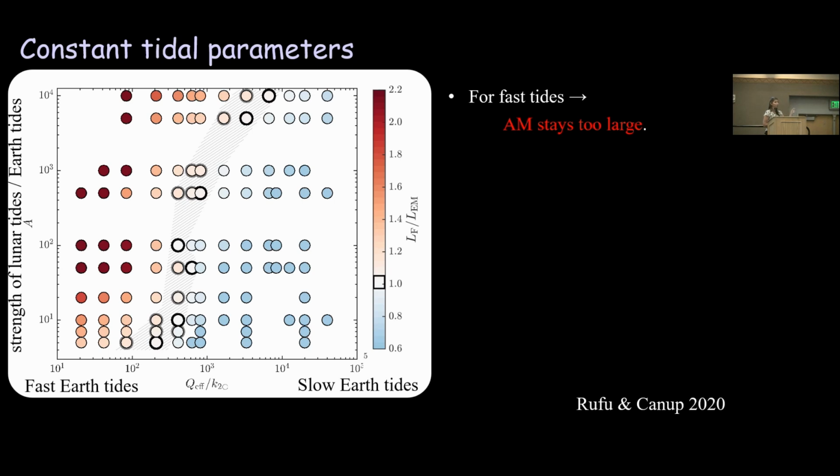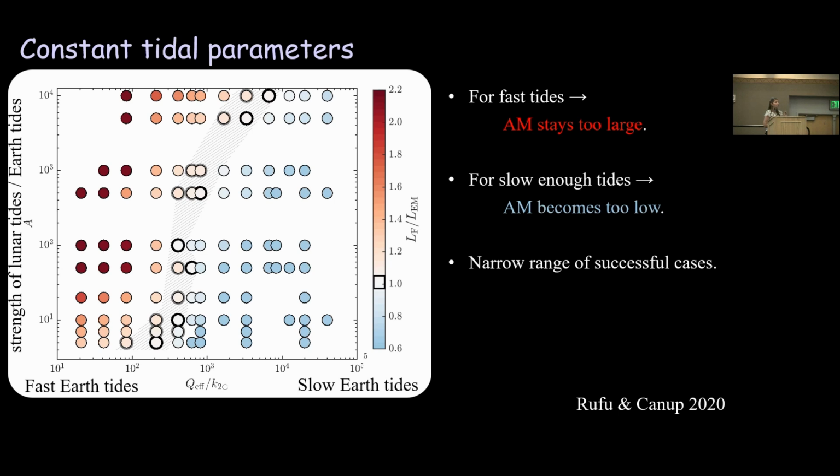So these are all these red bullets. And the opposite is true if there is a slow migration. So these are if Q over K2s are very large. So for slow migration, this quasi-resonance is going to maintain until the co-synchronous state is reached. This is the Pluto and Charon case. So we know this is not true for our Earth-Moon system.